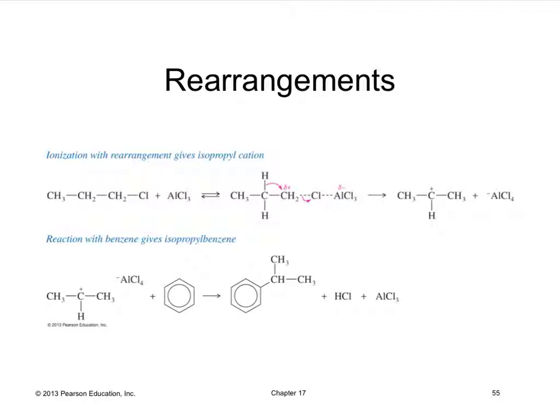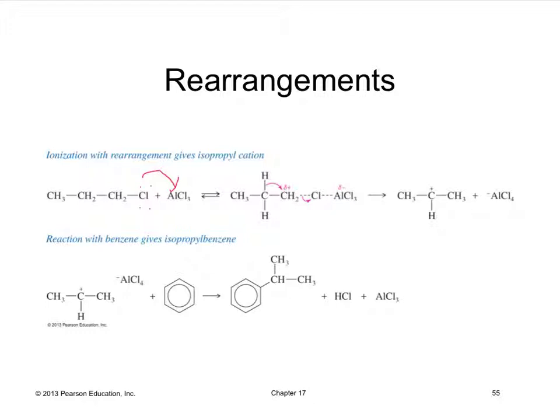So let's look at the case or the scenario of rearrangements. If we have isopropyl chloride in the presence of aluminum trichloride, you form, right, the complex.